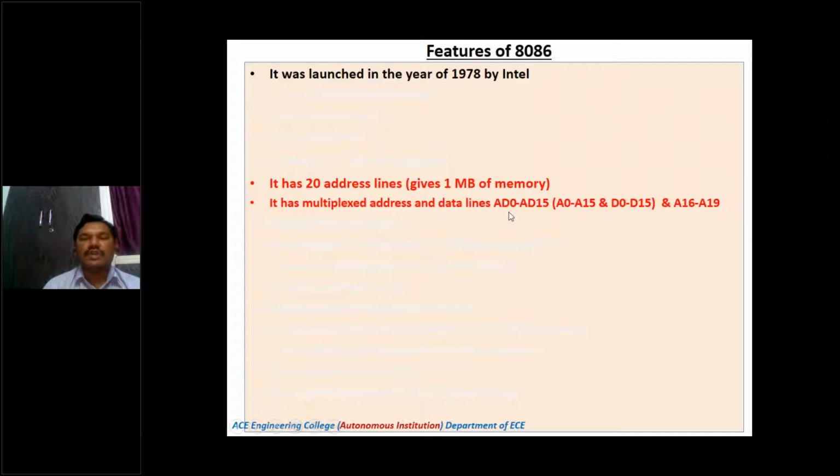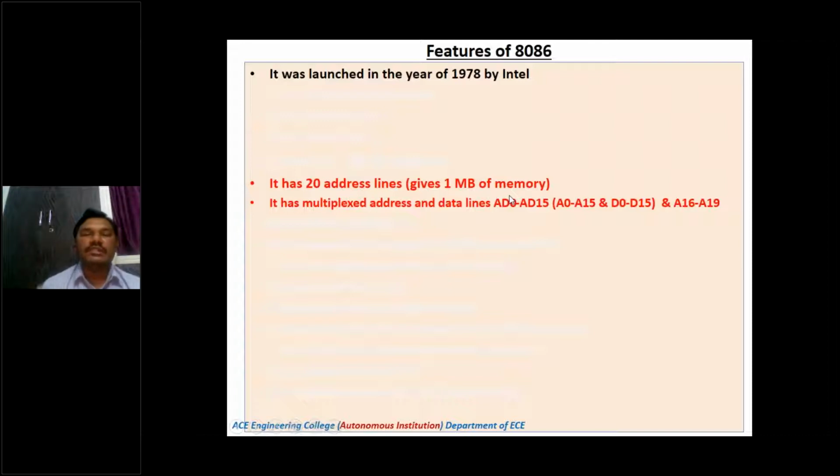Actually, AD0 to AD15 is in the form of A0 to A15 and D0 to D15, and the remaining address lines are A16 to A19. This will be explained again in the pin diagram. Here, A0 to A19 are called the 20 address lines, and the address lines are merged with the data lines AD0 to AD15.